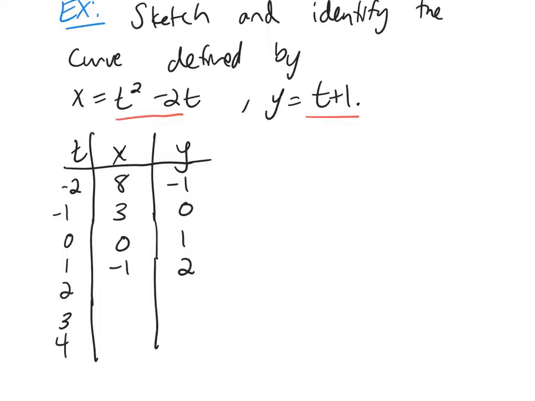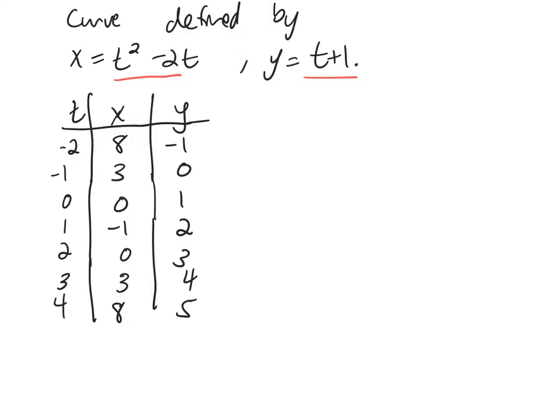If you plug in t equals 2, you'll get 0, 3. 3, you'll get 3, 4. And t equals 4, you'll get 8, 5. And so now when you go to plot these points, you're really only going to look at these last two columns. You don't need this first column anymore, and you're just going to plot these points here.